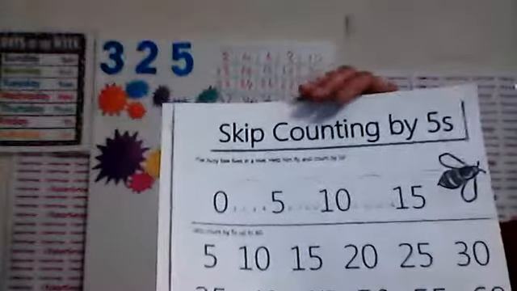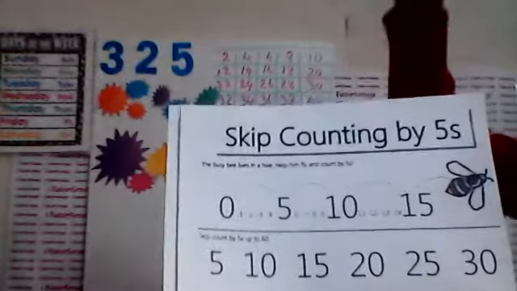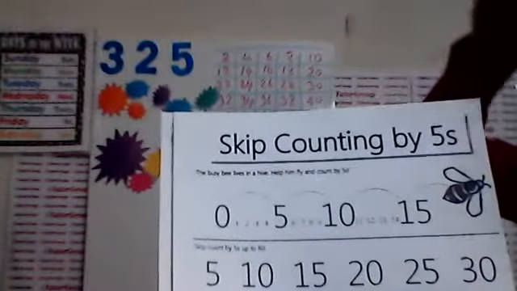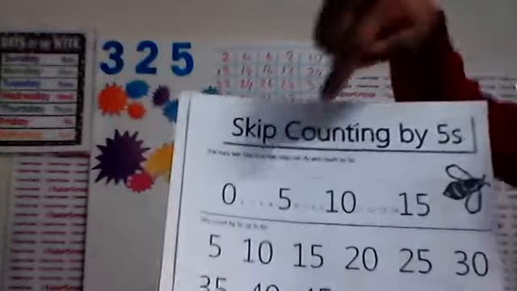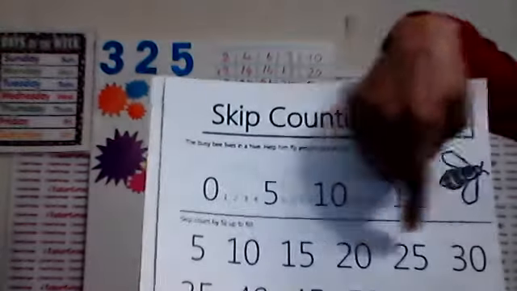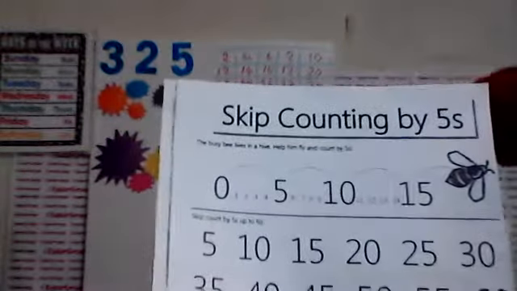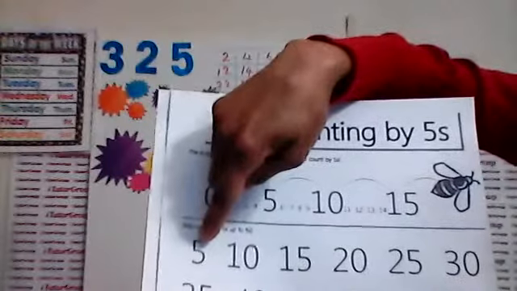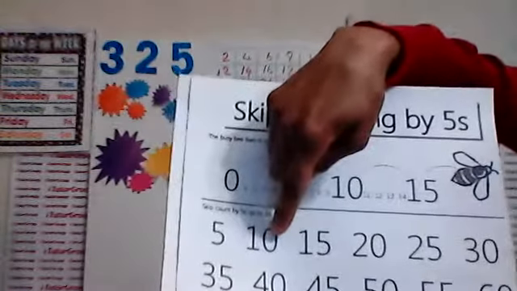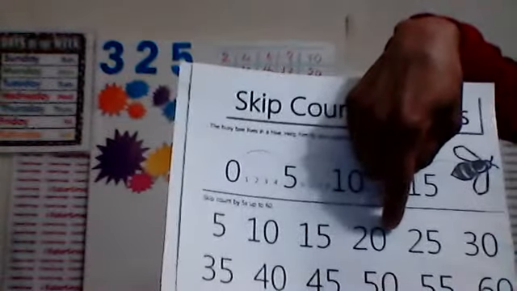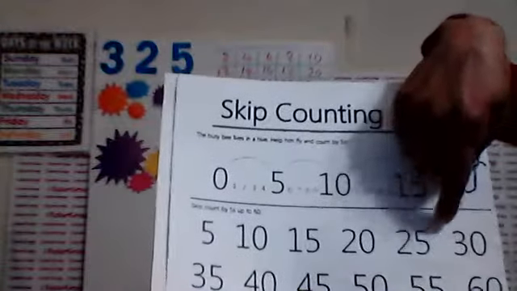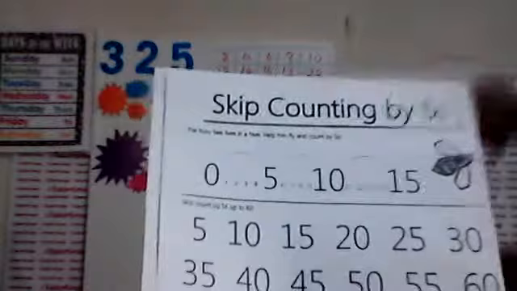And the trick to remembering this is to remember that when skip counting by fives, as I said earlier, each number either ends in a 5 or a 0. So it's 5, 0, 5, 0, 5, 0, 5, 0. Okay? 5 in the ones place here, a 0 in the ones place, 5 in the ones place again, a 0 in the ones place again, another 5 in the ones place, a 0 in the ones place, and so on.